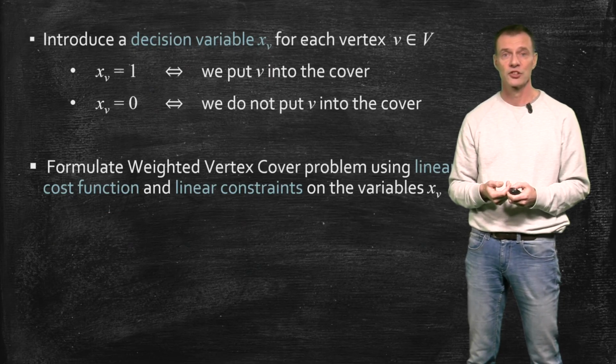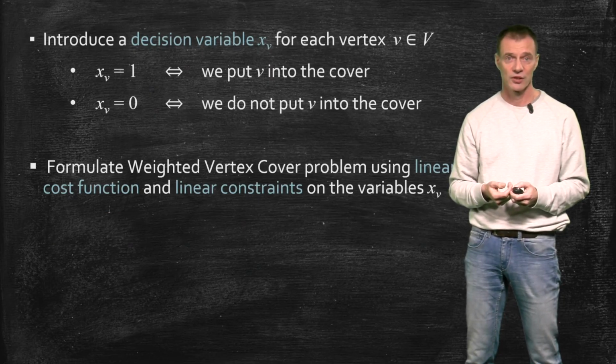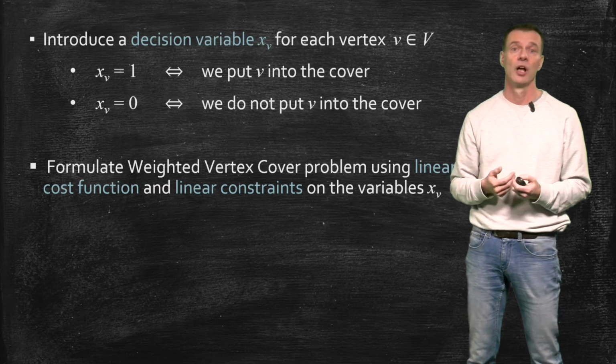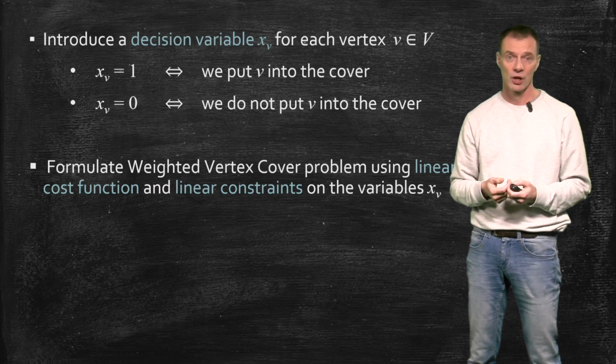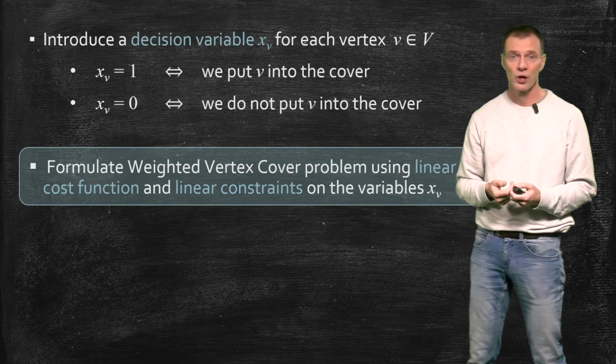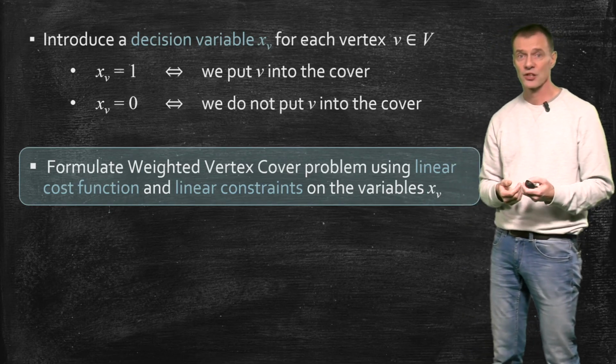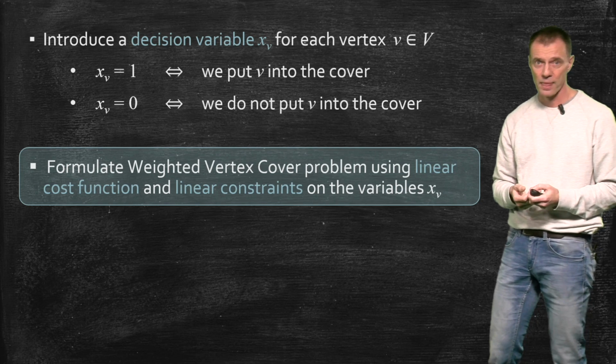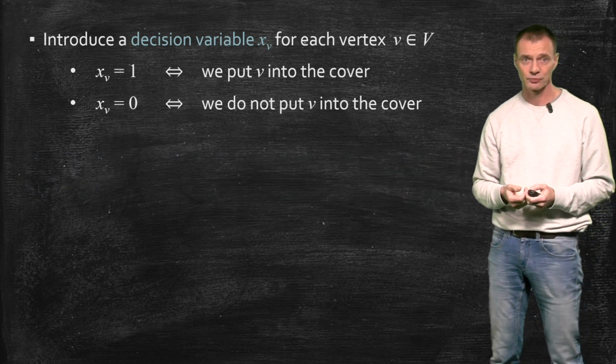Okay, so let's see how we can do that. So we want to formulate now the objective of our optimization problem and also the constraints as a linear program. So let's see how to do that.